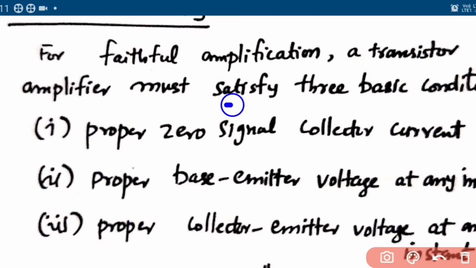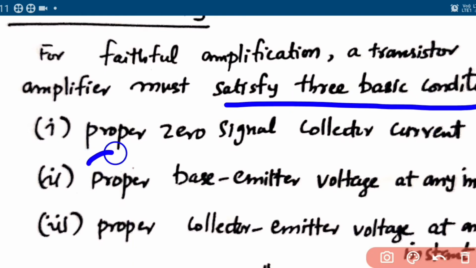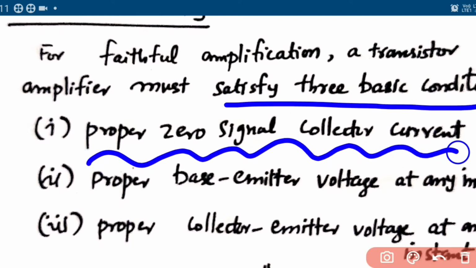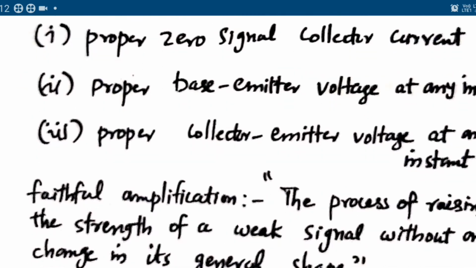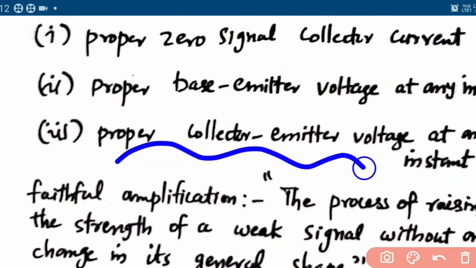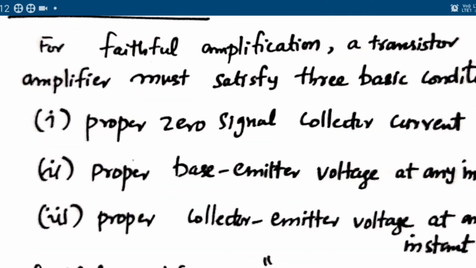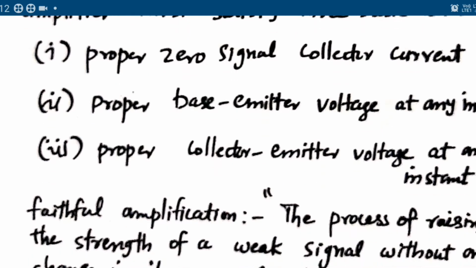The amplifier must satisfy 3 basic conditions: proper zero signal collector current. Okay, zero signal, that means even without the presence of the signal, proper zero signal collector current should flow, proper base emitter voltage, proper collector emitter voltage. Okay, so these 3 basic conditions have to be satisfied.